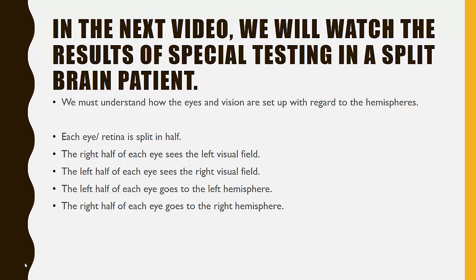Each of your eyes, or the retina, is split in half. For example, the right eye doesn't just see the right visual field, and the left eye does not just see the left visual field. Basically, your eyes are cut in half. The right half of each eye sees your left visual field, and the left half of each eye sees your right visual field, because we see everything upside down and backwards.